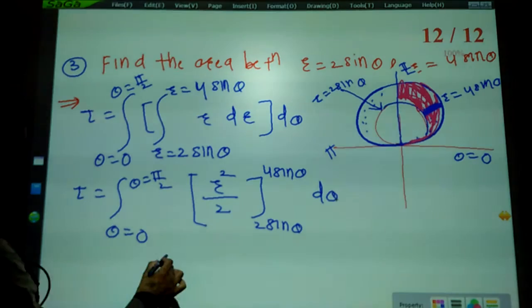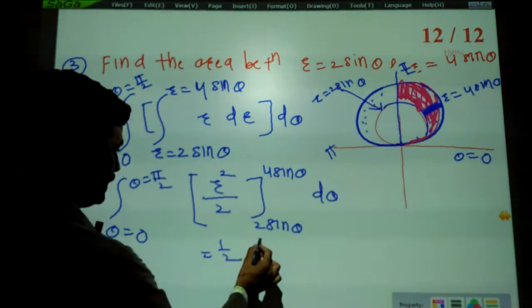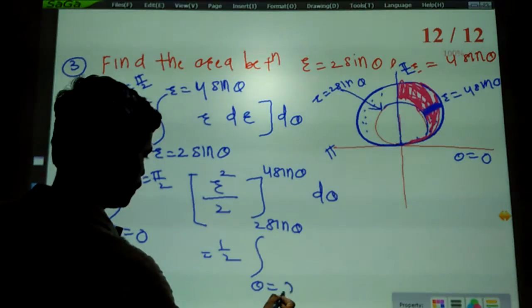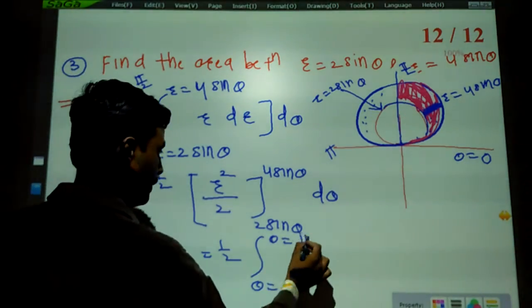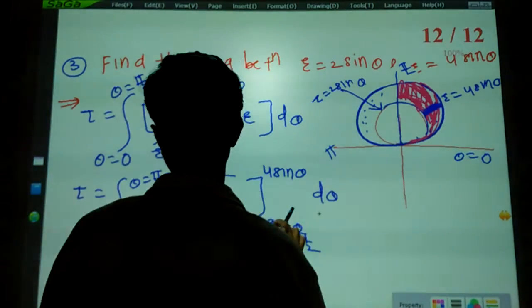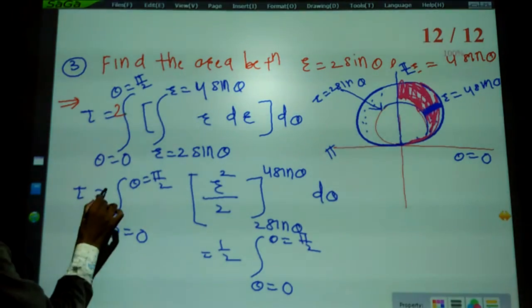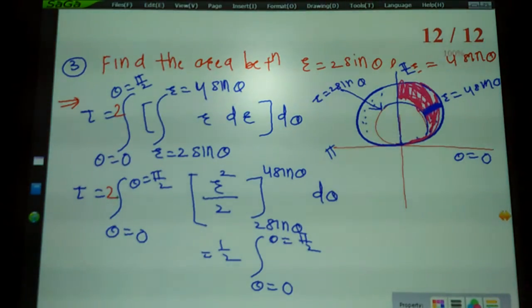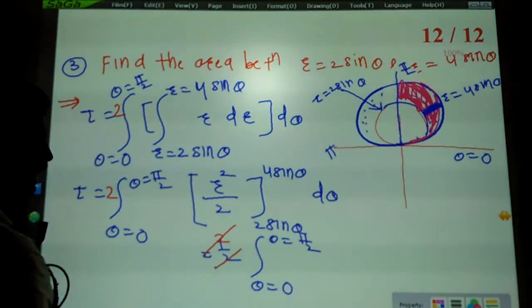So 1 by 2 is the constant which is outside from this integration. So integration is here theta is equal to 0 to theta is equal to pi by 2. That directly we will multiply by 2. Why? Because we are calculating the area of only one quadrant. For calculating the area of the two quadrants, we will multiply by that 2. So this 2 will cancel.